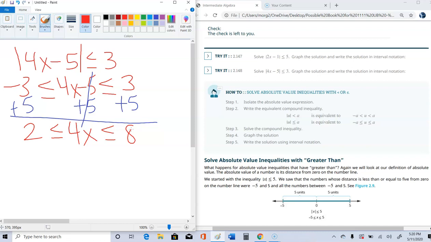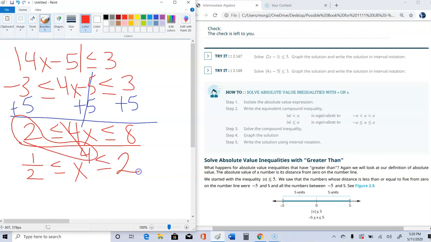The last step to get x by itself, just divide each part by 4. Now right here, 2 over 4, go ahead and reduce that to 1/2, is less than or equal to x. The 4's cancel, and 4 can go into 8 2 times.